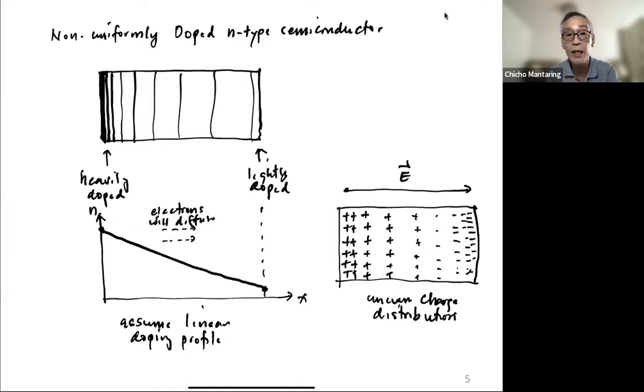Ano nangyayari pag nagkakaroon ng electric field? Anyone? What happens when you have an electric field? We just talked about it, just a few moments ago.